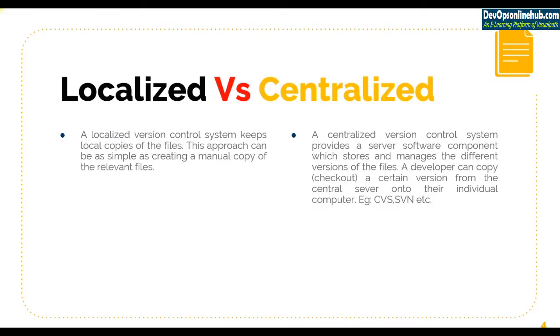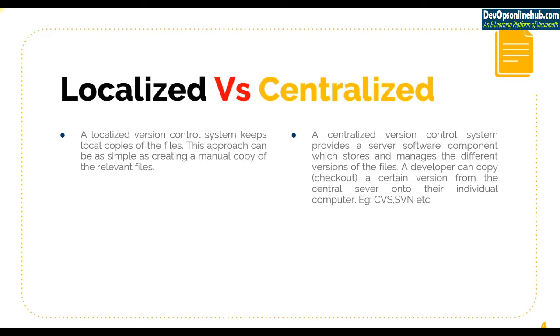Now again, there are different types of version control system. Initially, when the idea was just to track the changes, we had localized version control system. You are working on your code or your configuration file, you keep track of everything locally on your system, and we use localized version control systems for that. But then the requirement was also of merging changes of multiple people, multiple developers working on the same source code.